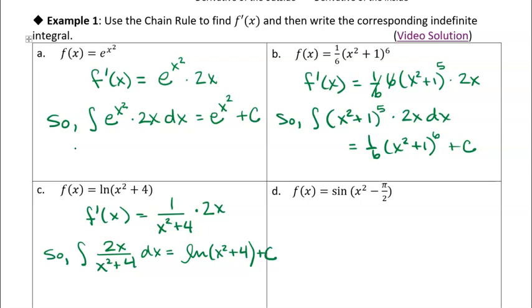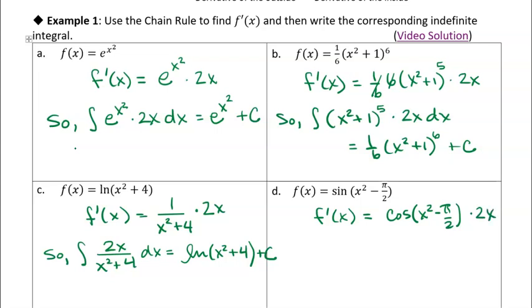All right, let's do one more. Derivative of this function. The outside function is sine. Inside of that, I have x squared minus pi over 2. So the derivative of sine is cosine, right? So I take the derivative of the outside function, leave the inside function as it is, and then I multiply that times the derivative of the inside function.